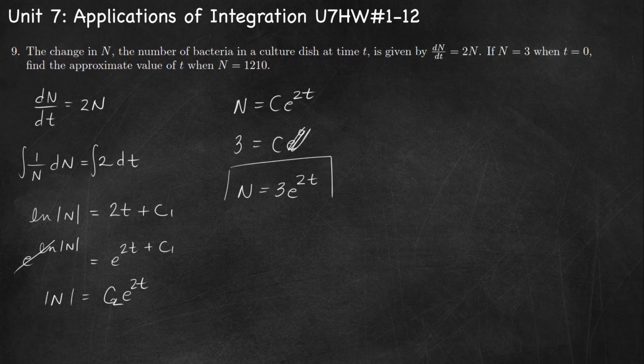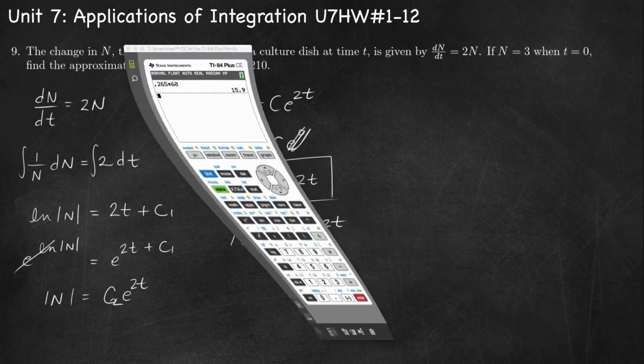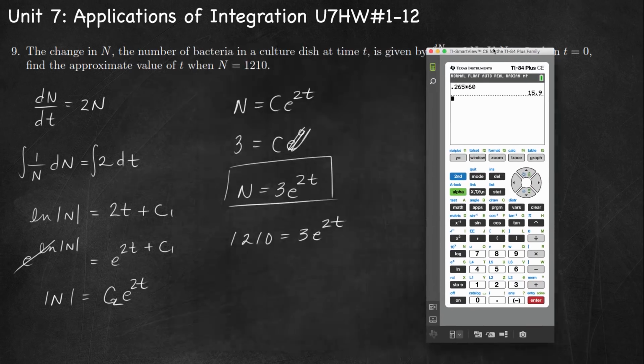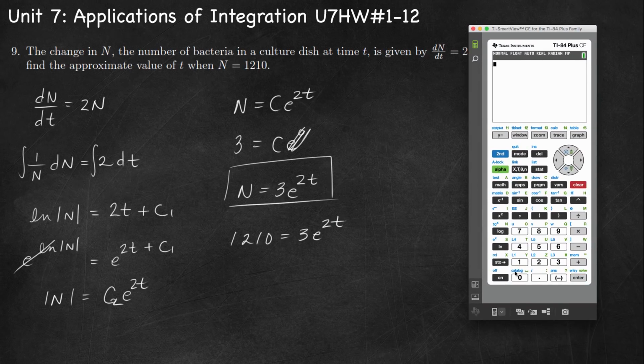That's my particular solution. And it asks us to approximate the value of t when n equals 1,210. So 1,210 equals 3e to the 2t. We'll divide by 3. Let's do this on the calculator. We'll do 1210 divided by 3.